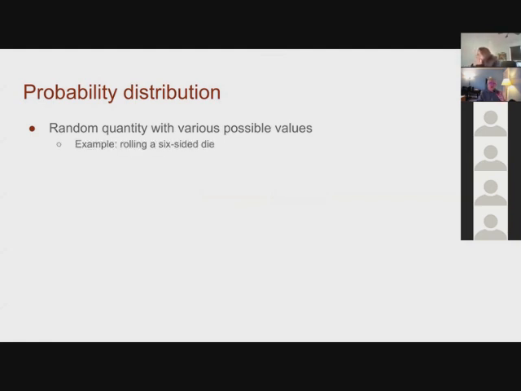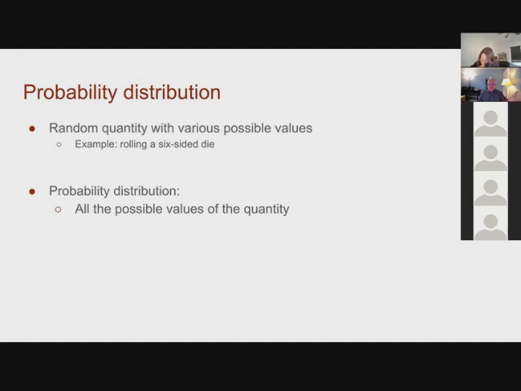To give a concrete example, if we roll a 6-sided die, each one of those is an event. If we look at a probability distribution, we can think about the probability of all possible values for the quantity, for example, rolling.